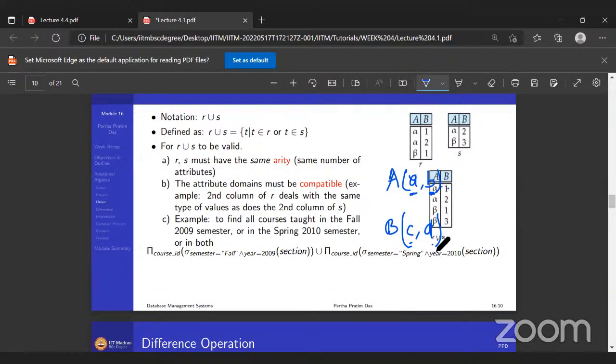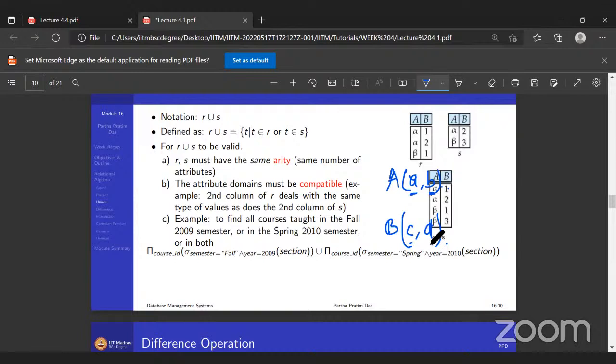And the second condition is that the attribute data types need to be the same. What that means is, if A is varchar, then C also has to be varchar, right? And if B is int, then D also needs to be int, right?